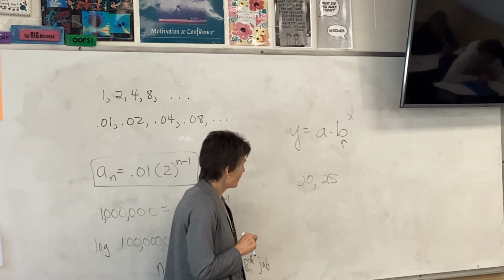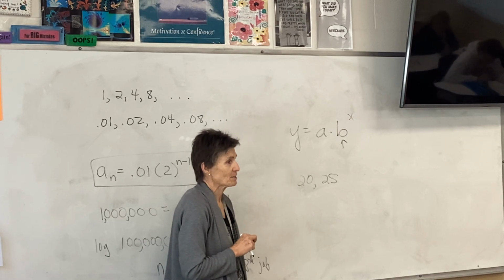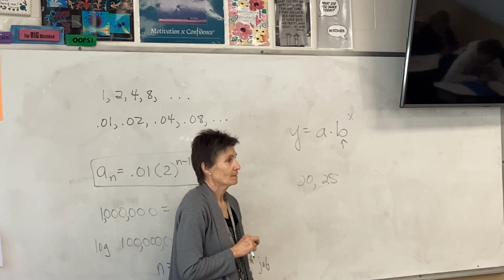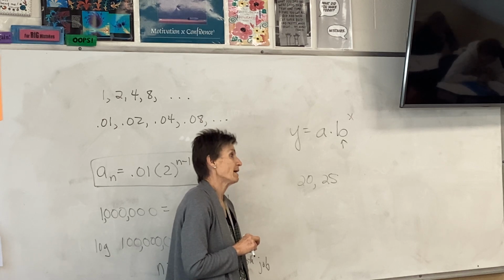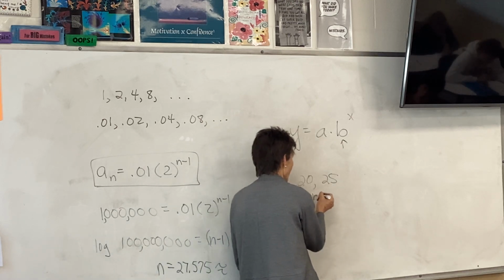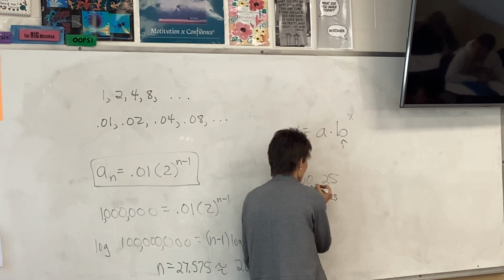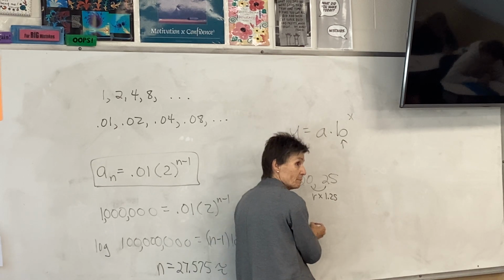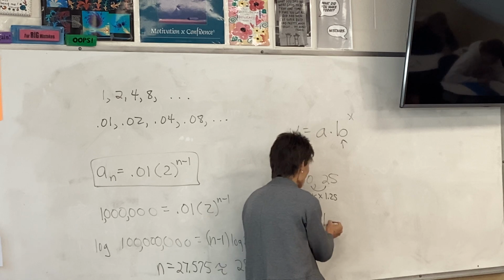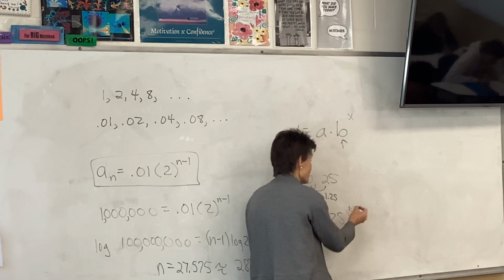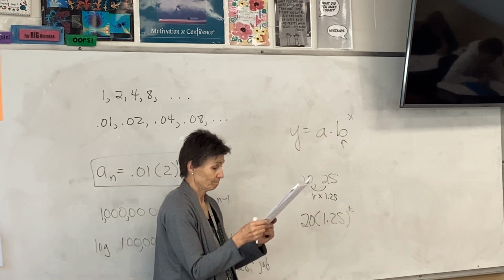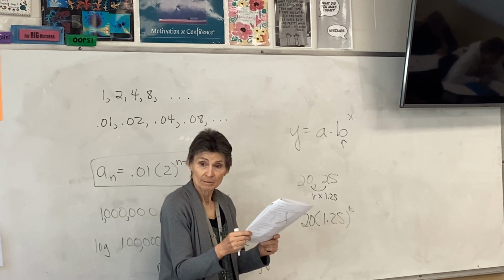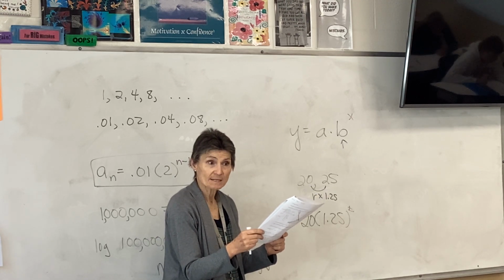Divide? So what's 25 divided by 20? 1.25. So we multiplied by 1.25. So therefore, my equation will be 20 times 1.25 to the t. Does that make sense to everybody?